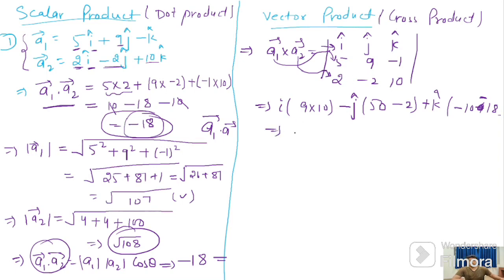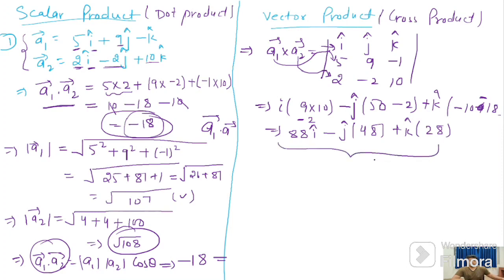So we get 88 i minus 48 j plus k 28. In the end, what we get is a vector.